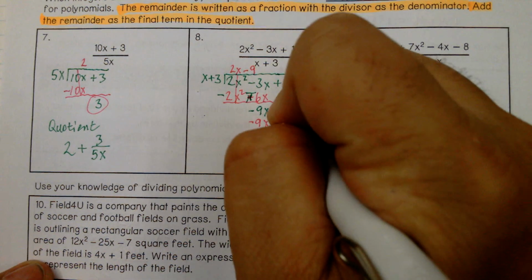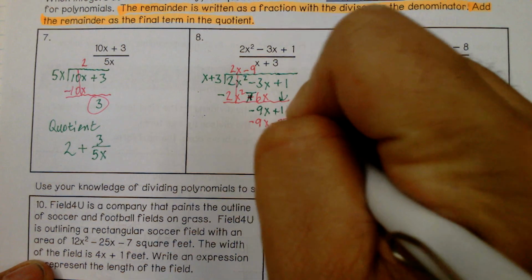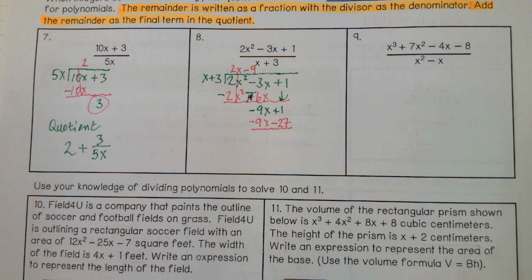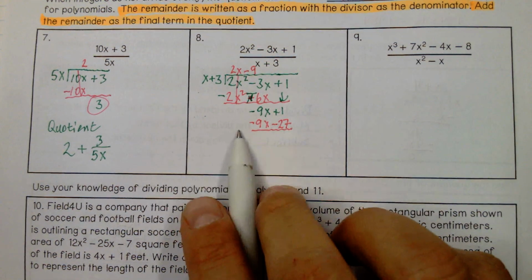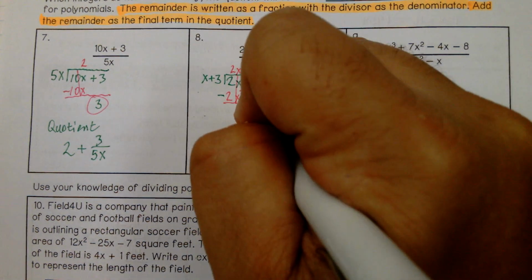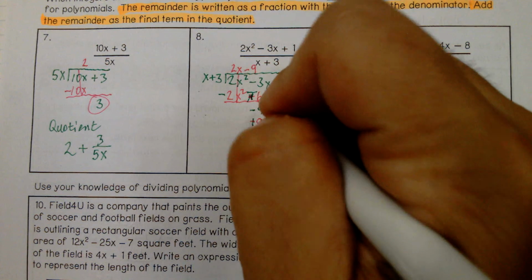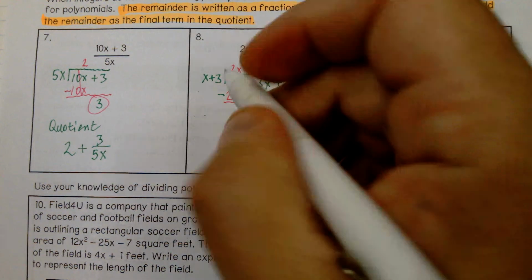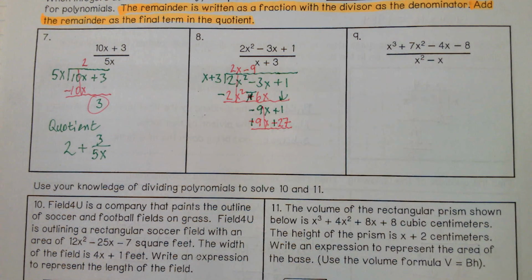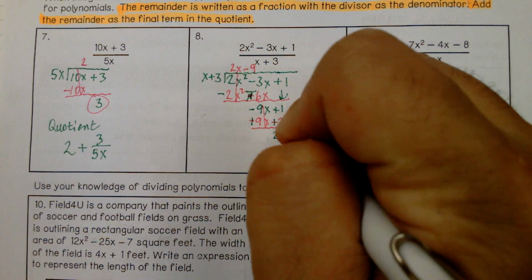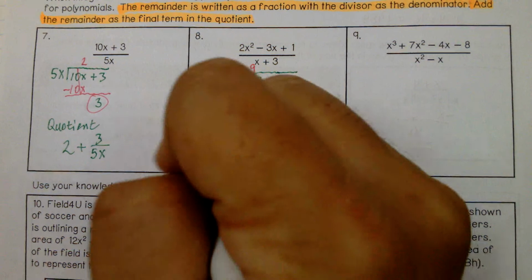Minus 27. But you are right. We are going to cancel. We are going to flip the sign on this. So now we apply the minus, right? That becomes positive 9x. This becomes positive 27. So 9x does cancel. But we get a remainder of 28.